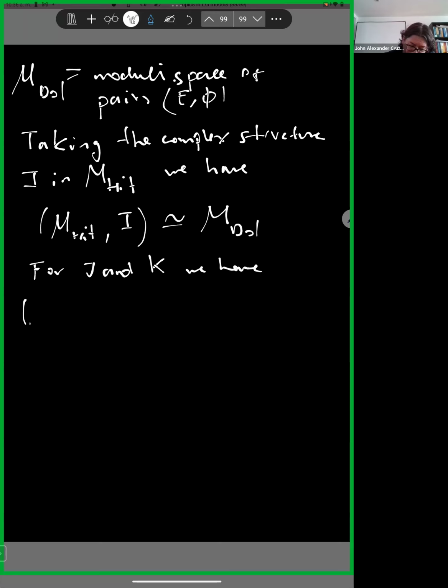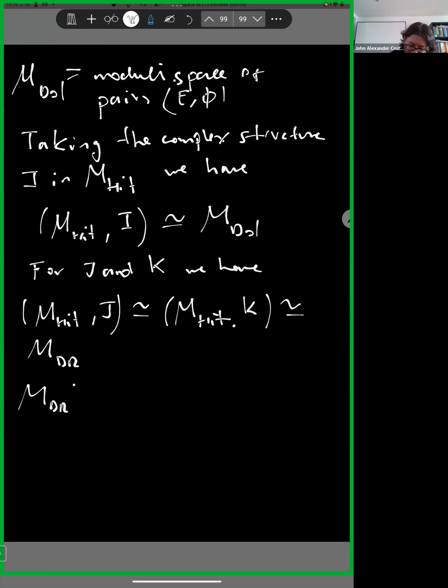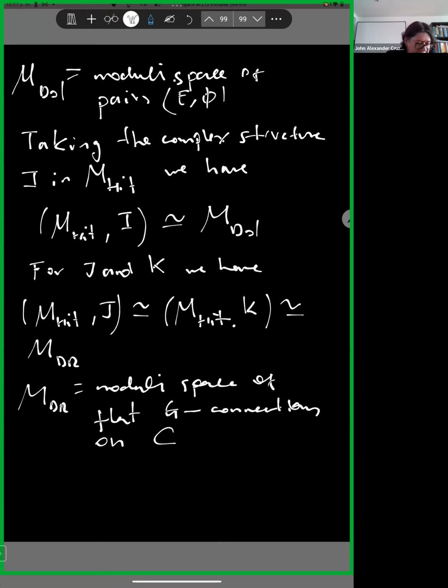We take M_Higgs and fix the complex structure J. This is isomorphic to M_Higgs fixing the complex structure K, and this is called the de Rham moduli space, the moduli space of flat G connections.